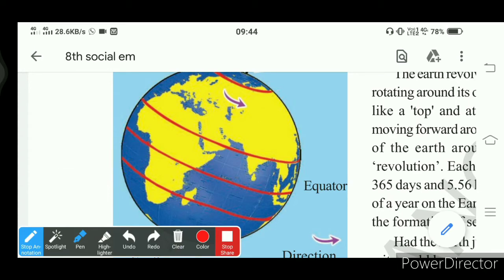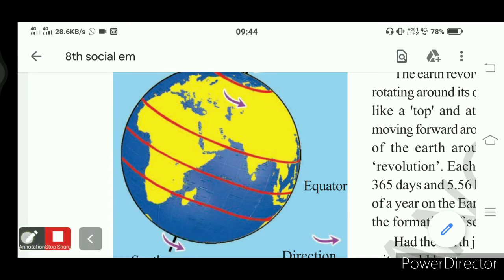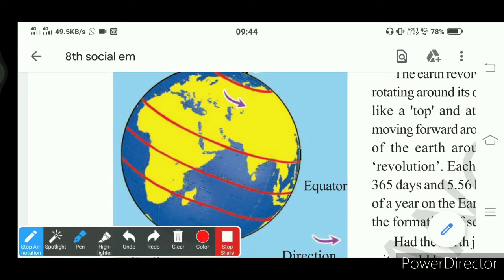The sun rays are falling directly here, and coming to the other area, here, it is what you call an angle. The sun rays fall diagonally like this instead, right? So the sun rays falling on the earth's surface are different at different places.